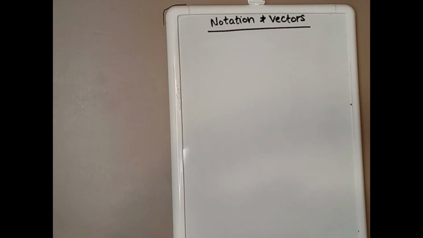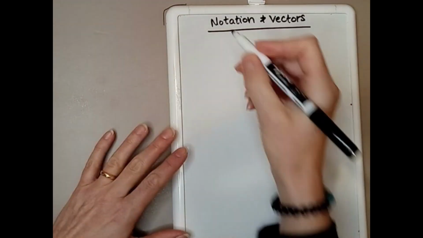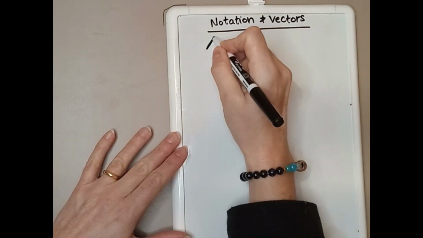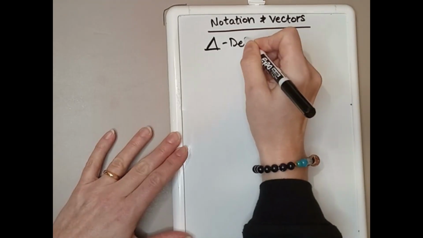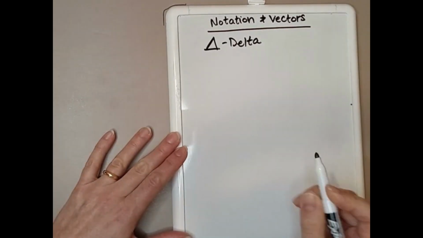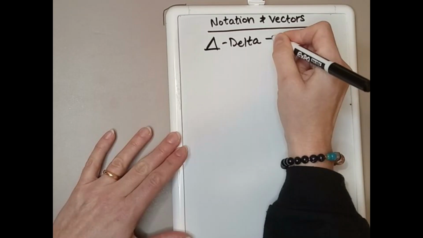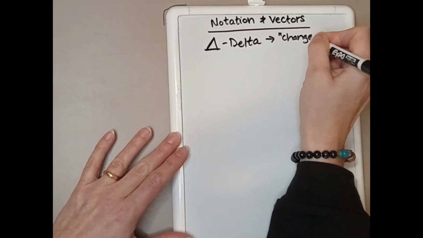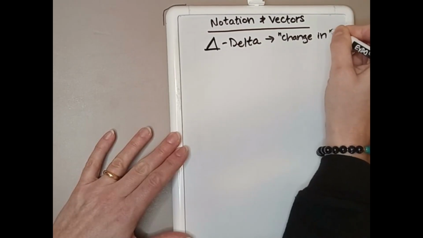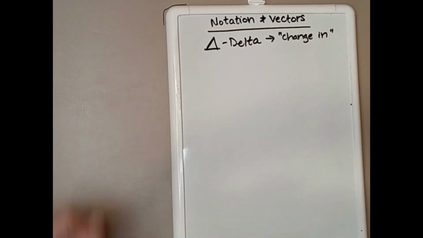So for notation, one of the things we're going to first encounter is a thing called delta, and that's going to be applying to derivatives. So delta is just our Greek symbol, looks like a triangle, and that is going to be used to denote a change in something. So we're going to talk about a change in position, a change in velocity, and we're always going to symbolize it with this delta symbol.